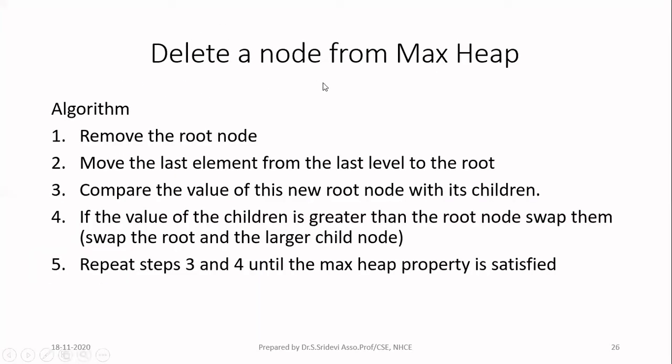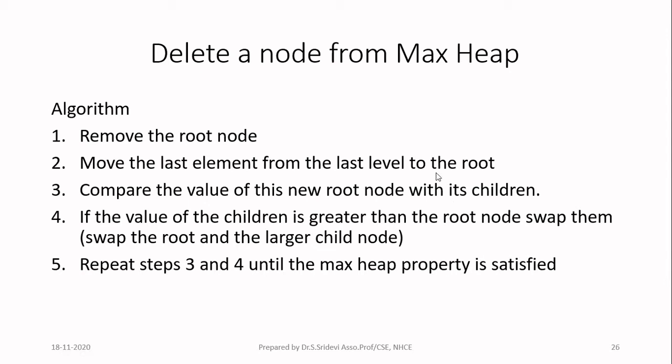So whenever you want to delete a node from the max heap, they will not mention which node you are going to delete because we are going to remove only the root node. So the first step in the algorithm is remove the root node. And after removing the root node, move the last element from the last level to the root node. Then once you do that, you have to compare the value of this root node with its children.